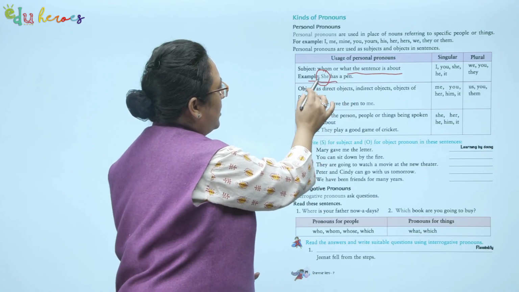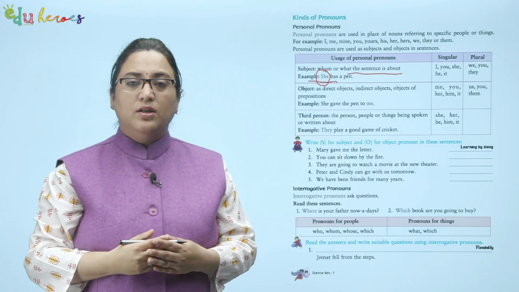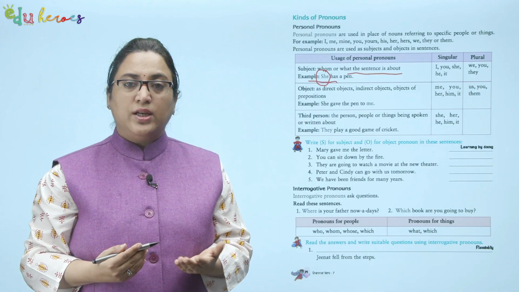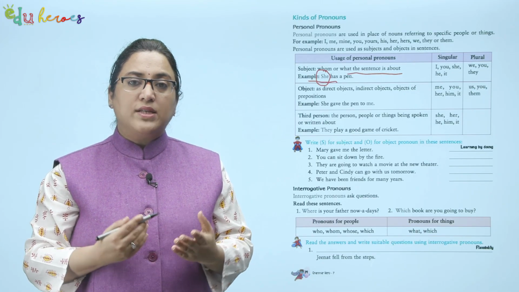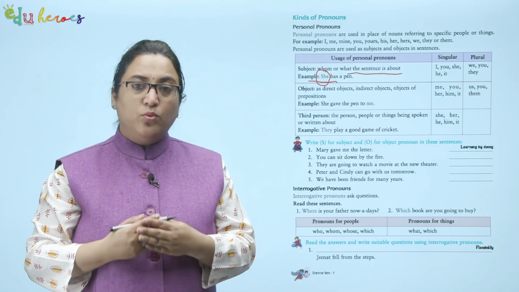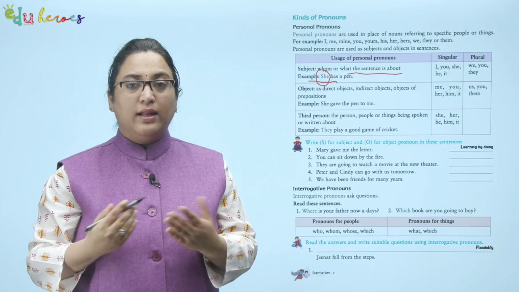Here, she is acting as a subject. In singular form, the pronouns would be I, you, she, he, it, because these are representing one person. Whereas in plural form, they will change to we, you and they.